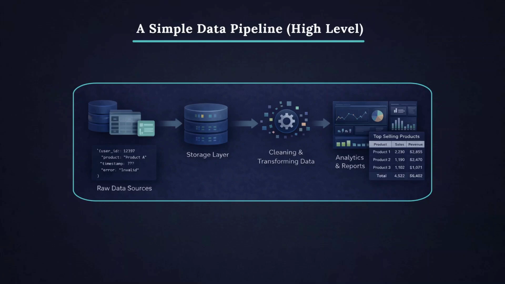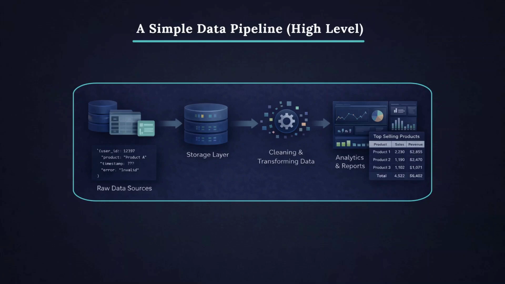And once the data is stored, the next step is to clean and transform it. This is where we fix data issues like missing values, duplicates, or incorrect formats. We also apply business logic at this stage, for example, calculating the total revenue, standardizing the product names, and so on.